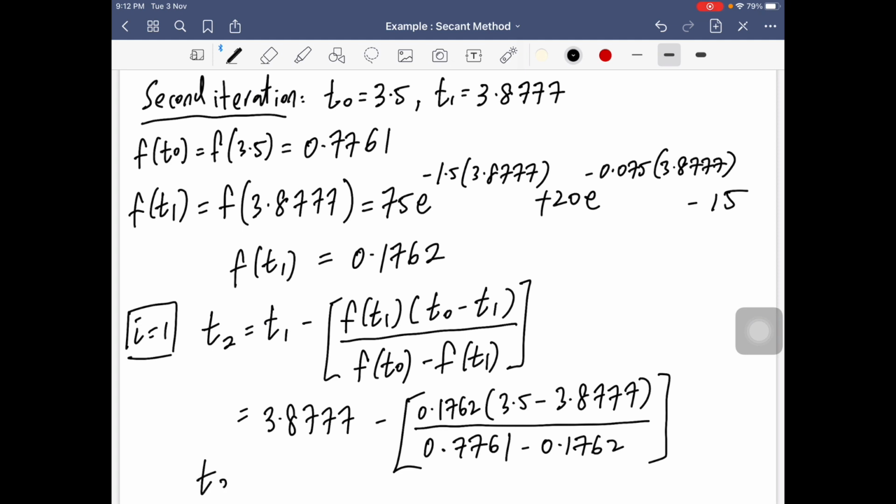Here you should get t2 equal to 3.9886. So this is our value for our next root estimation, t2.